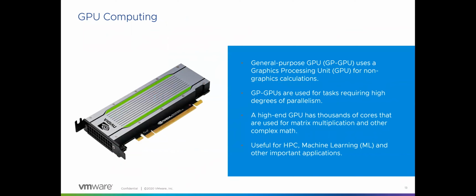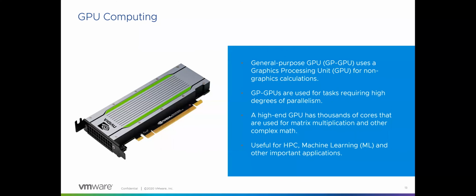All right, thank you, Johan. So like Johan said, we have seen GPU applications in a lot of devices, a lot of stuff, but we also see GPUs becoming more and more mainstream in the data center as well. And these are particularly general purpose GPUs. And we use those for non-graphical calculations as well.